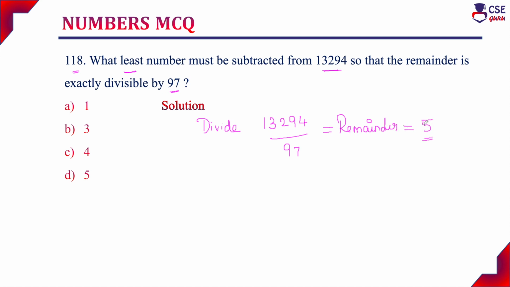And if we are subtracting the number 5 from this value, we will get the sum that is exactly divisible by 97. That is 13294 minus 5, we will get 13289. And this number is exactly divisible by 97. So, we need to subtract 5 from this sum. So, the correct answer is option D, 5.